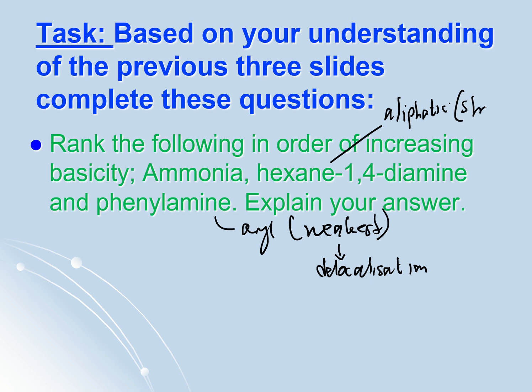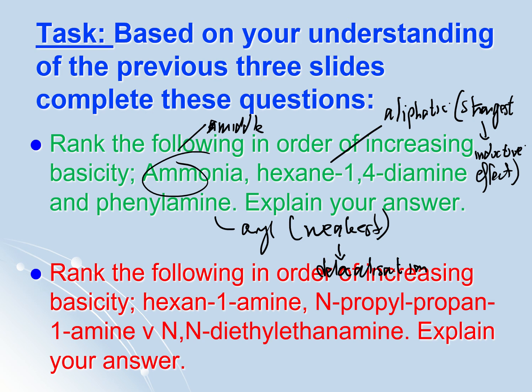That is going to be the strongest of the bases in there, because it has the inductive effect. And finally we have ammonia, which has neither of those effects and is in the middle. The next one then, again, pause the video, read the question, have a go at it, and then come back.